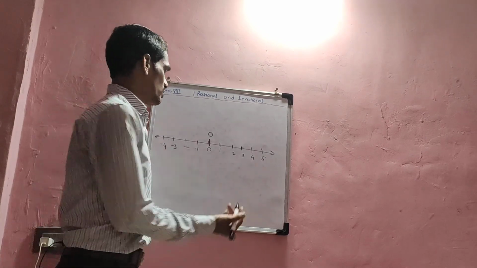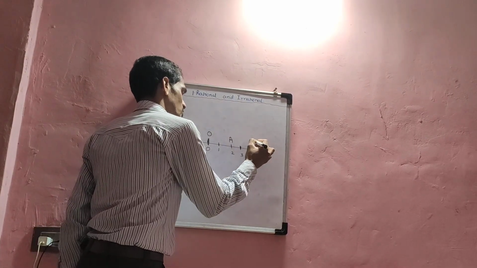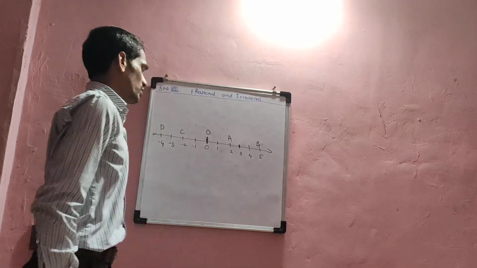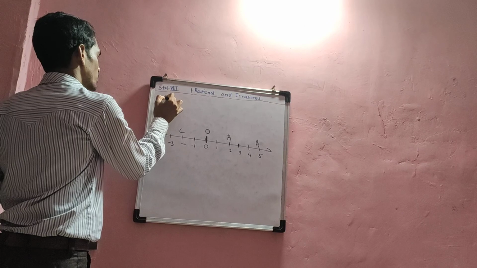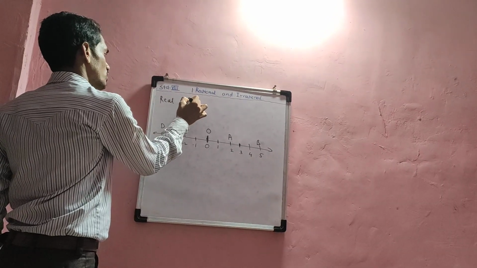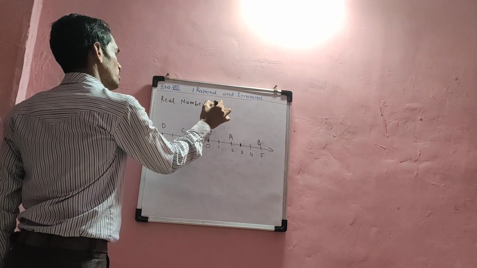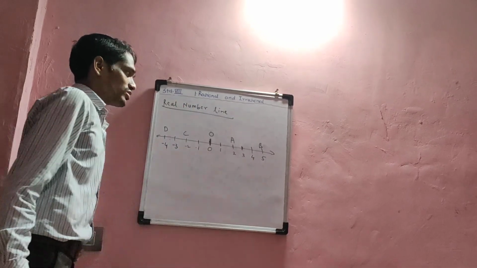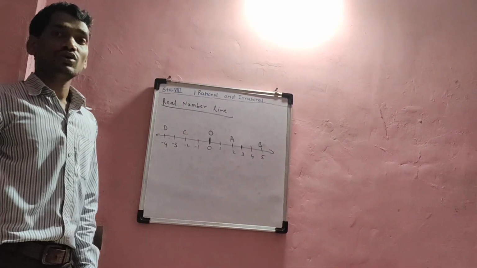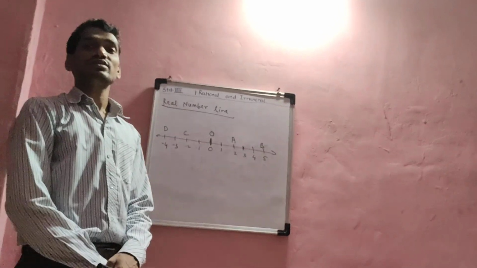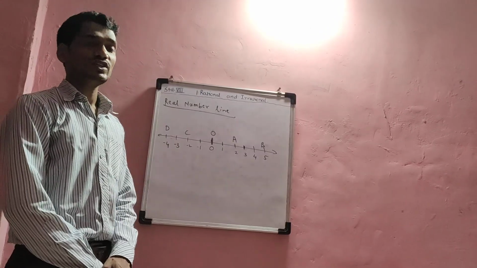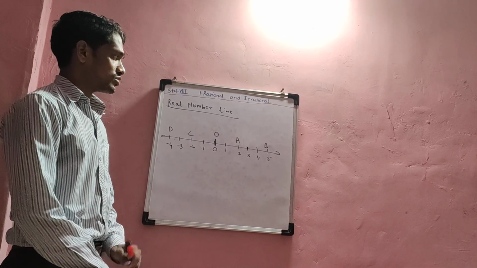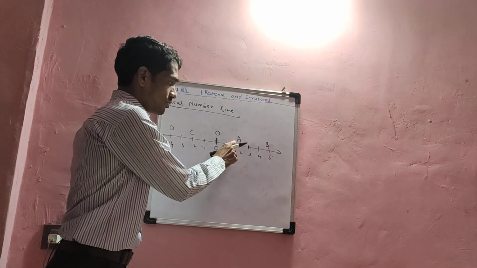Okay, students. So I had taken the capital letter C. Okay, so this is a real number line, students. If I ask the question, number 2 is represented by which point?